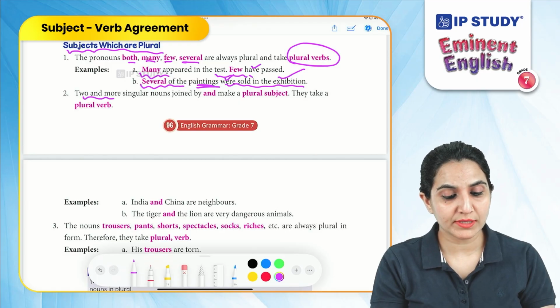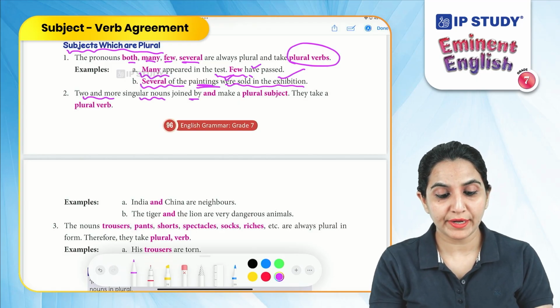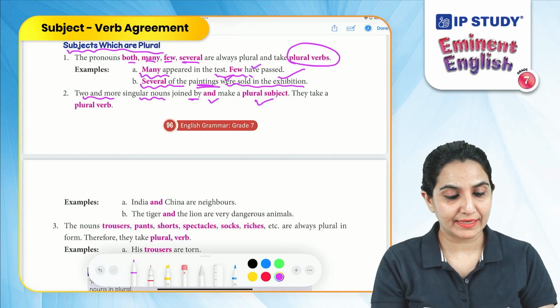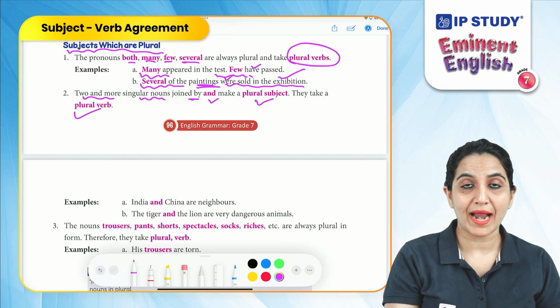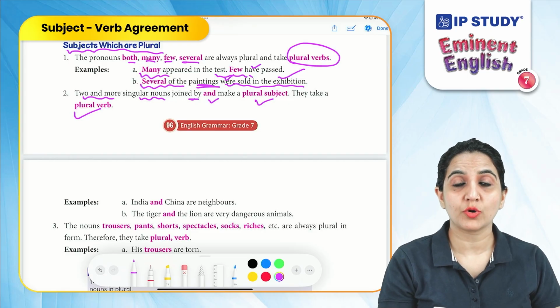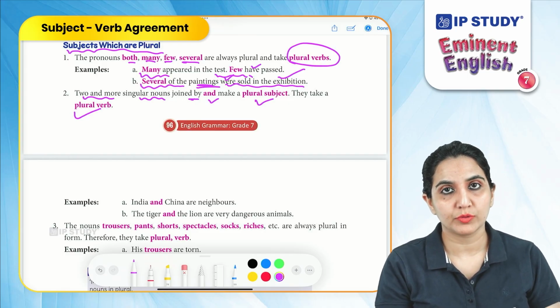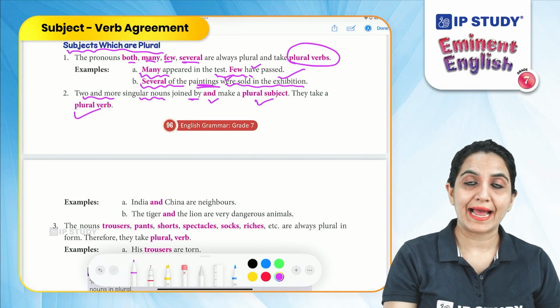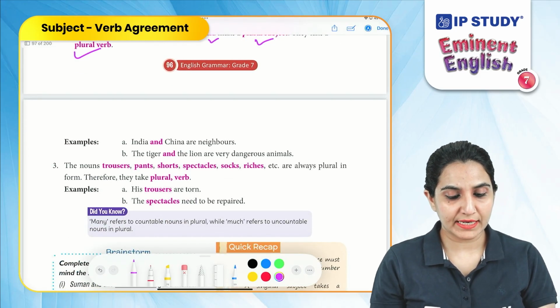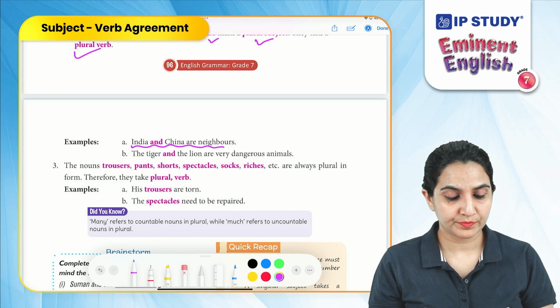Two or more singular nouns joined by "and" make a plural subject and they take a plural verb. So when they are joined by "and", they are plural subjects and they take plural verbs. Like "India and China are neighbors."